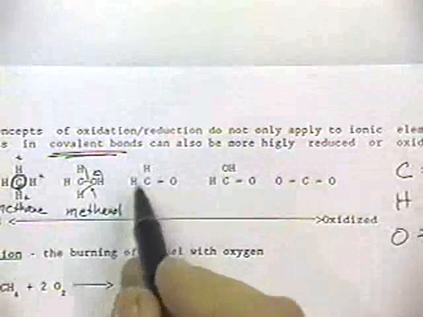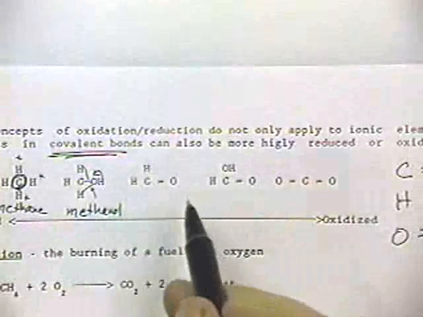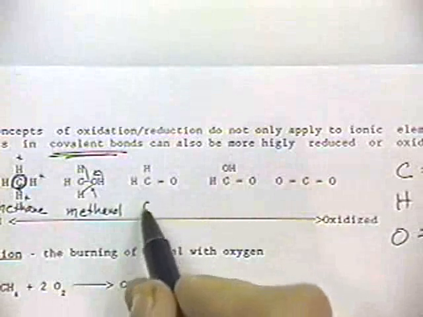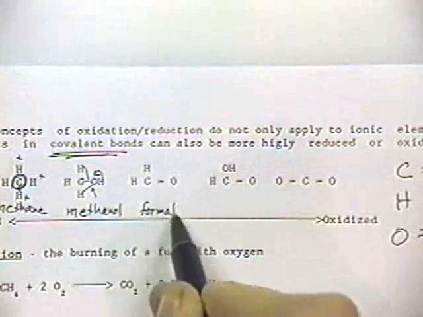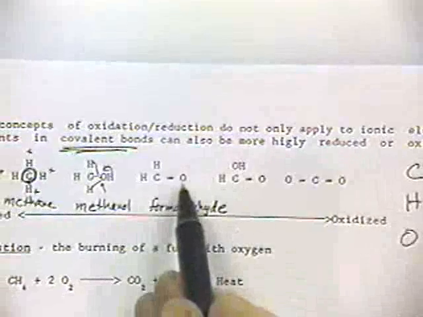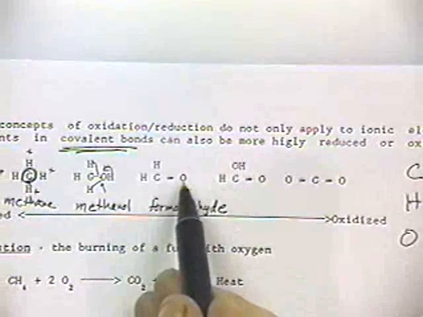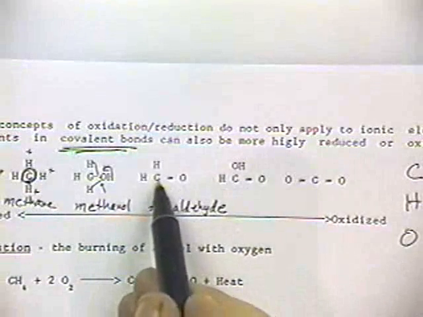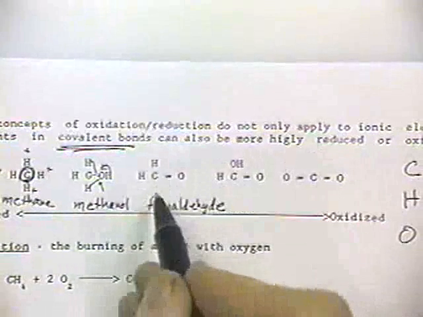Then what we have here is we've removed some of the hydrogens. This species is called formaldehyde. So the demand that this oxygen has for electrons now has to be borne largely by the carbon, so the carbon is becoming increasingly positive as a result of that.